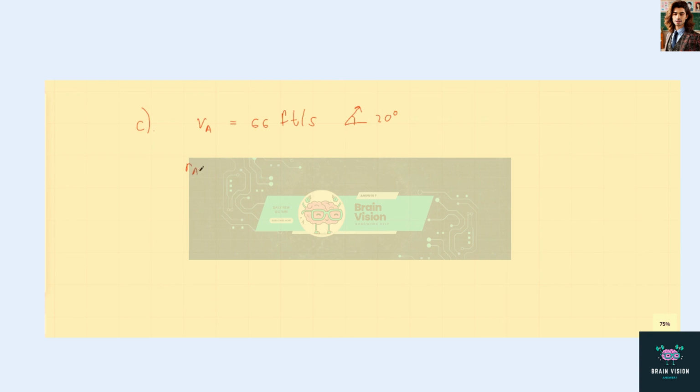And the position of A, RA, is equal to VA times T, which is 66 feet per second times a time of 2 seconds, which is 132 feet. And so the position of A is 132 feet at an angle of 20 degrees. And we can draw the situation as follows.